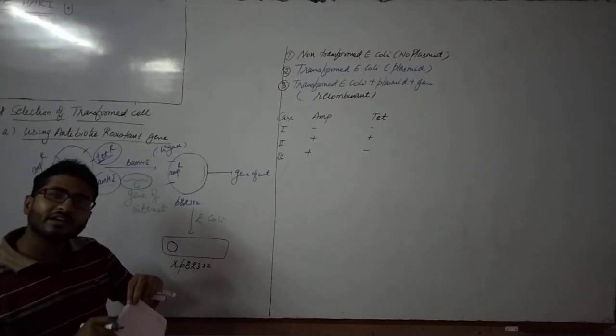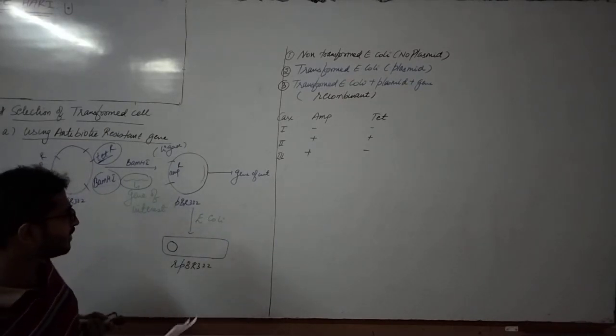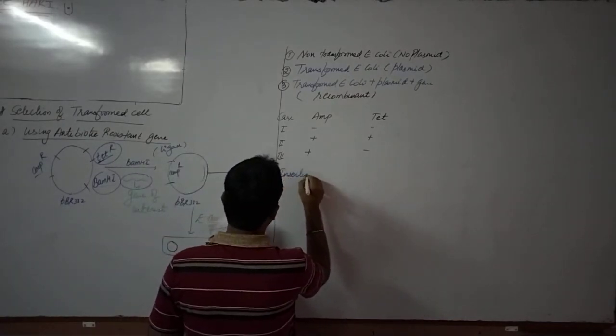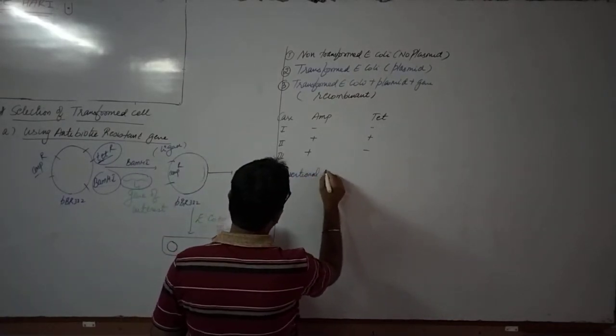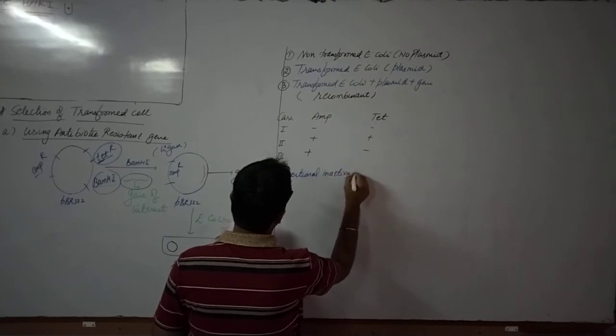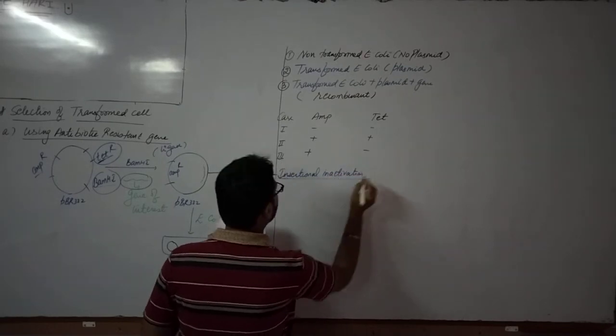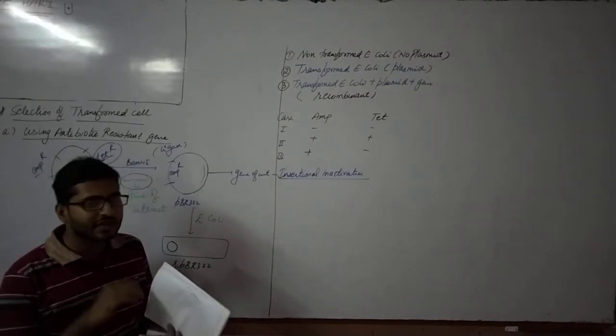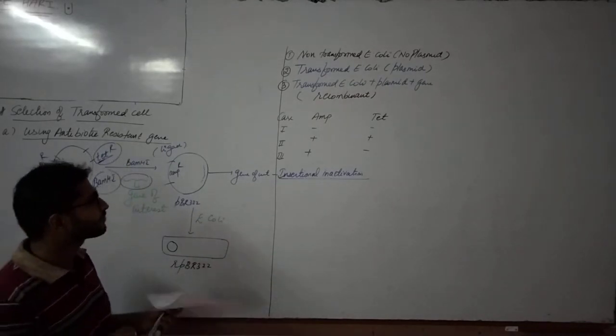The tetracycline gene becomes inactive, and this is called insertional inactivation. That is inactivation of the selectable marker gene by the addition of an insert. Insert means the alien DNA or foreign DNA.